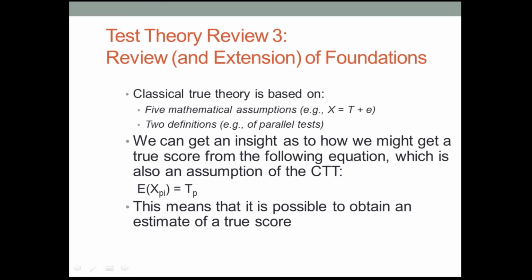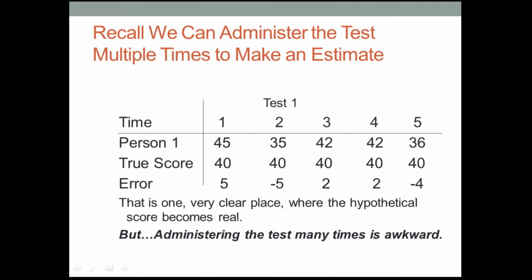And this means that it's possible to obtain an estimate of a true score for a person. And recall that we could administer the test multiple times to get this estimate of the true score. Here I have an example with person 1 who takes a test of whatever and gets scores of 45 and 35 and 42 and 42 and 36.